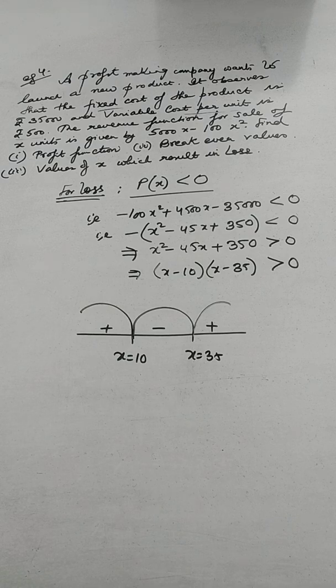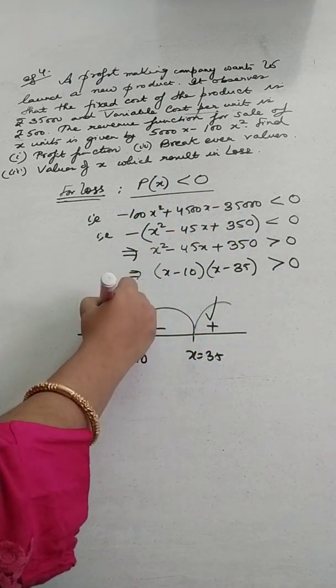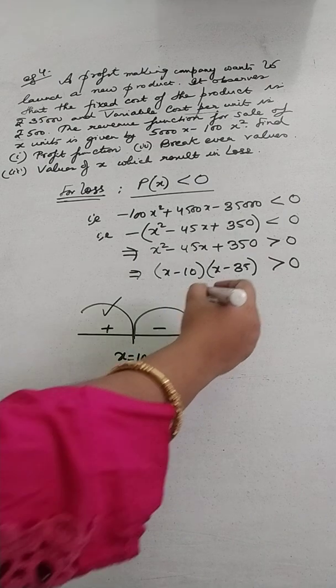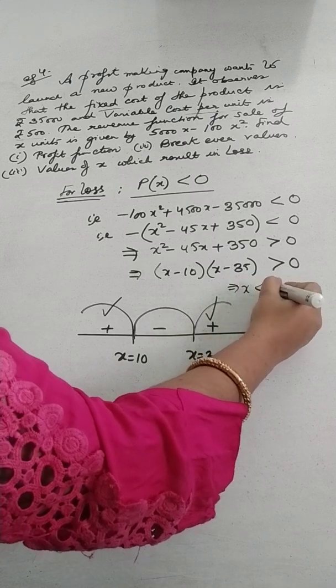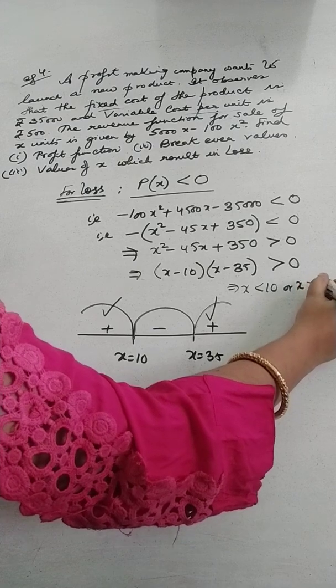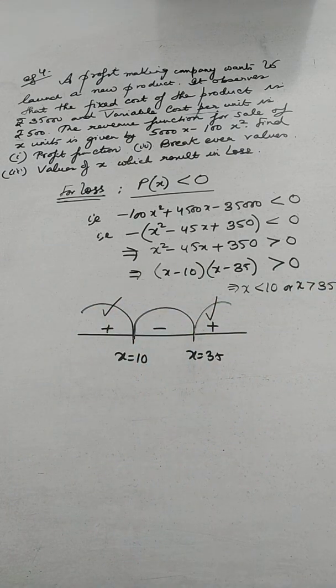What do I want? I want that range where the product is positive. Where is it positive? The product is positive over here and here. So therefore you will write, this implies x has to be less than 10 or x has to be more than 35. That is what I have, isn't it? This is x greater than 35. This is x less than 10.